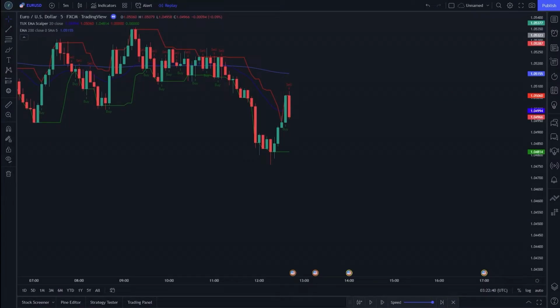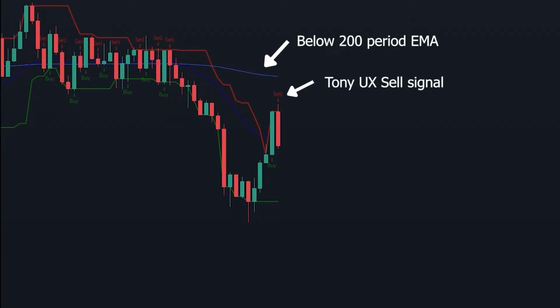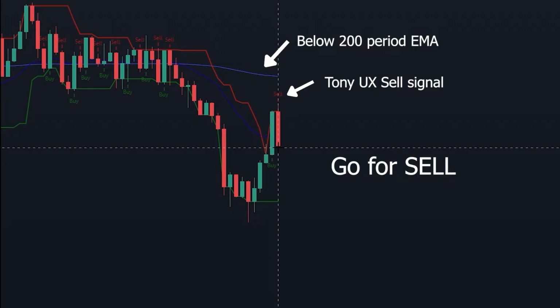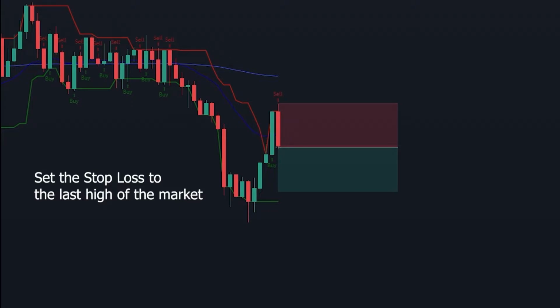Now you can see in the chart. The price is below 200 period EMA, and the tonyux Scalper gives the sell signal. You can go for sell or short transaction. Set the stop loss to the last high of the market.